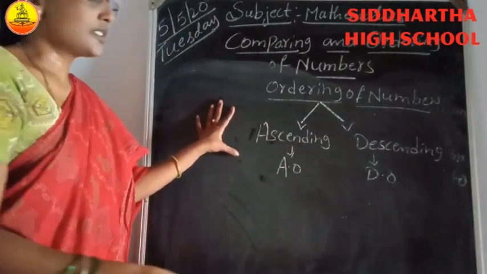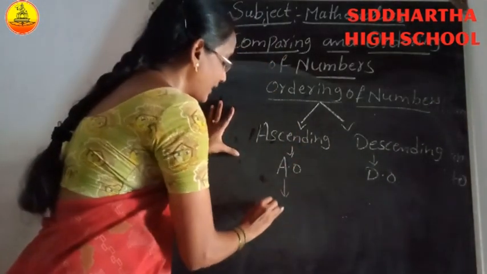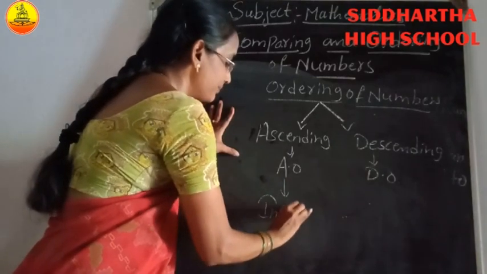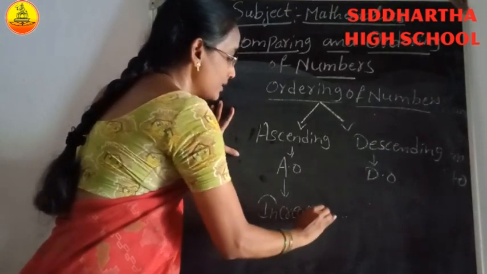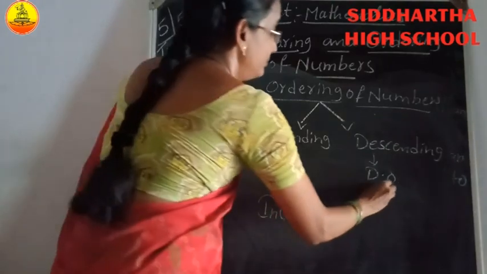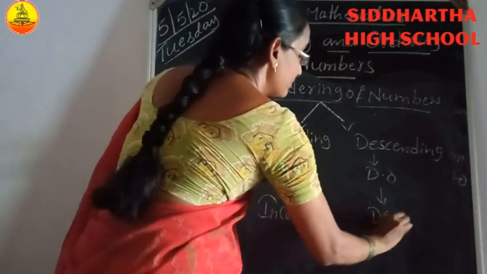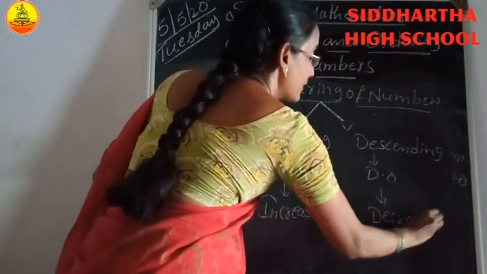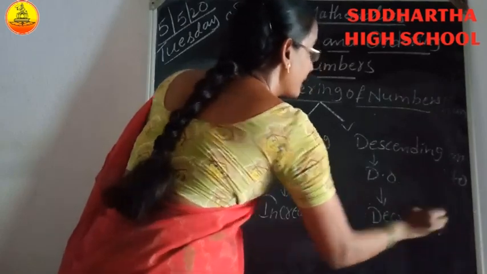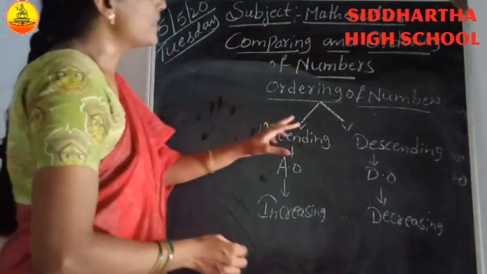In higher classes, ascending order is called increasing order, and descending order is called decreasing order. Increasing order and decreasing order.